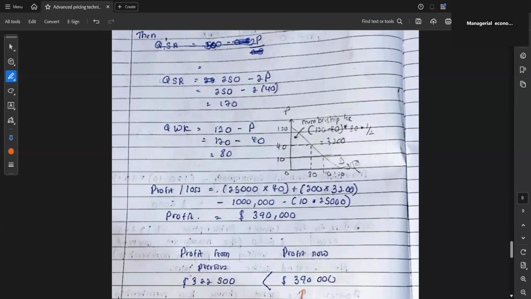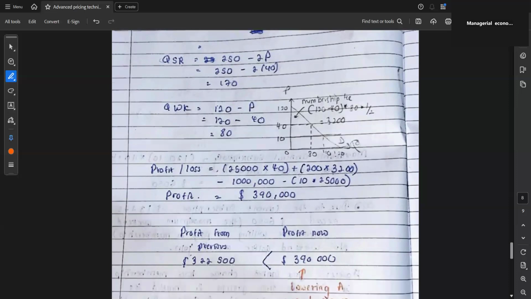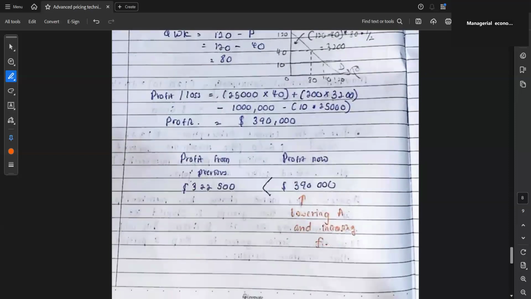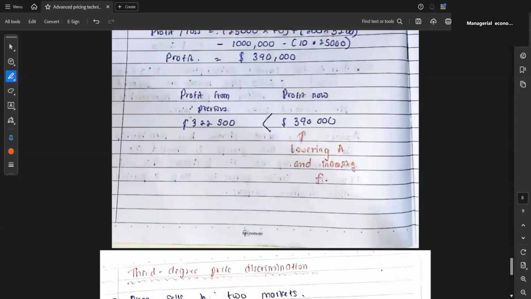So they are earning a higher profit than before. But compared to the previous case, they are not capturing the entire consumer surplus. They are leaving some consumer surplus for the consumers. But still, by doing this, they have increased their profits.